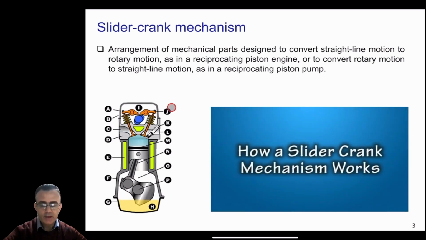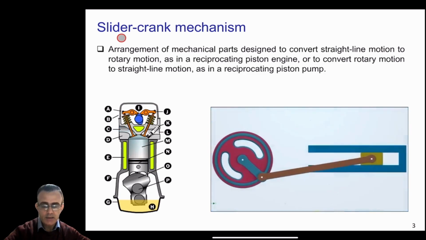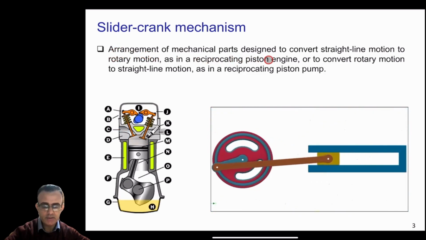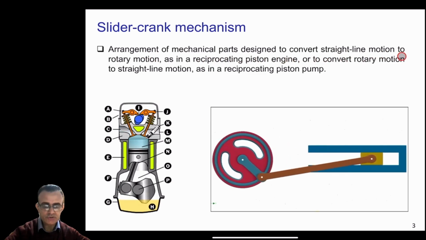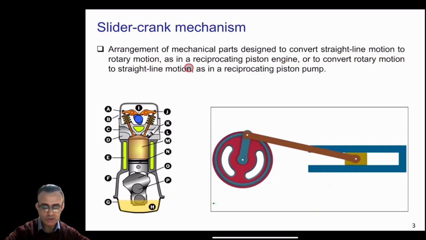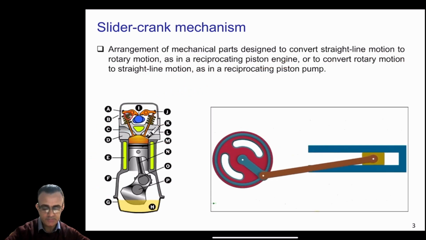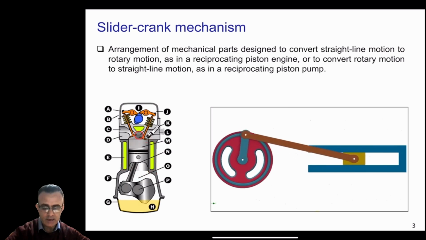Okay, so the first thing is, what is a slider crank mechanism? The slider crank mechanism is the arrangement of mechanical parts designed to convert straight line motion to rotary motion, as in a reciprocating piston engine. This figure is an example of an engine.